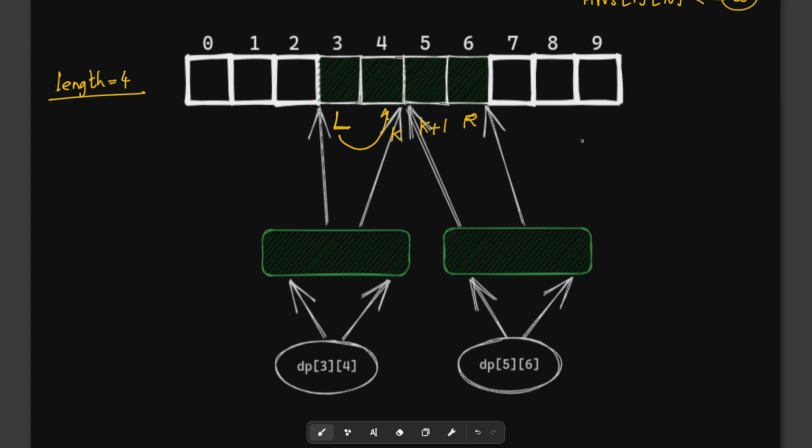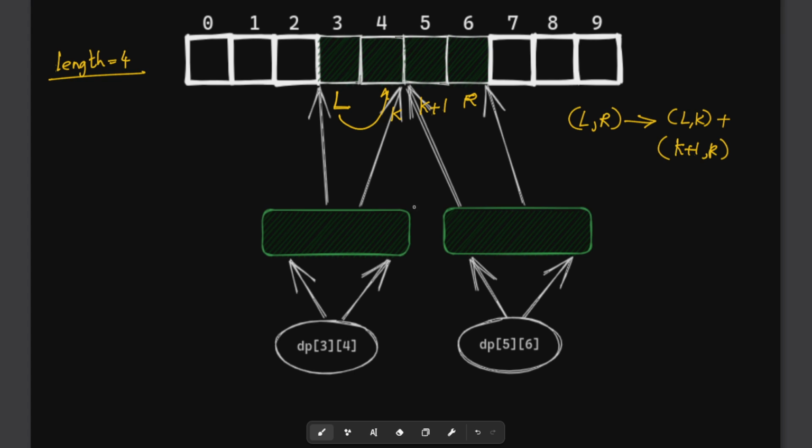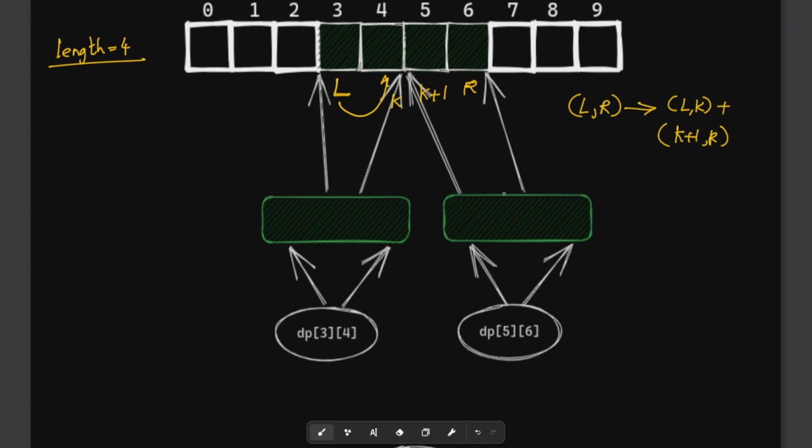L to R will be partitioned into L to K, and K plus 1 to R, right? So these are inclusive ranges, and to combine them, L and R will decompose into L to K and K plus 1 to R, and the cost of this operation is the sum of elements in this range, right?